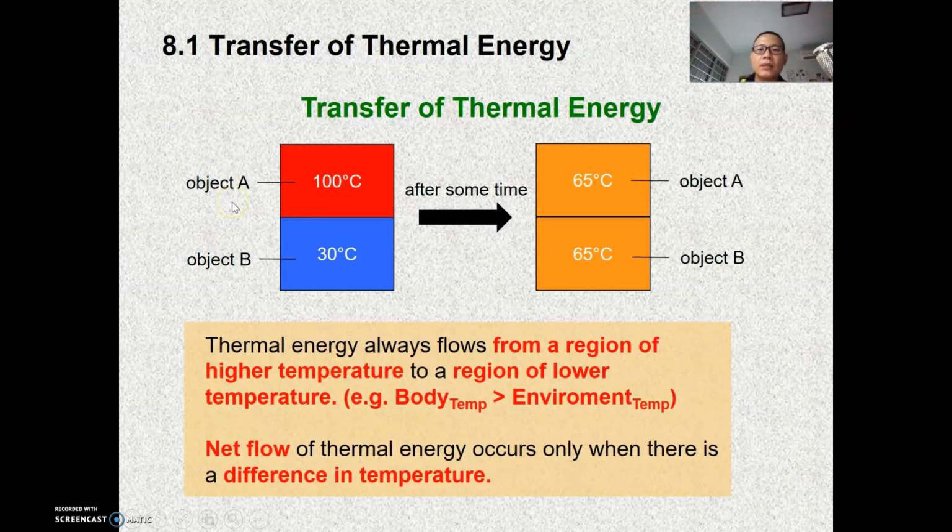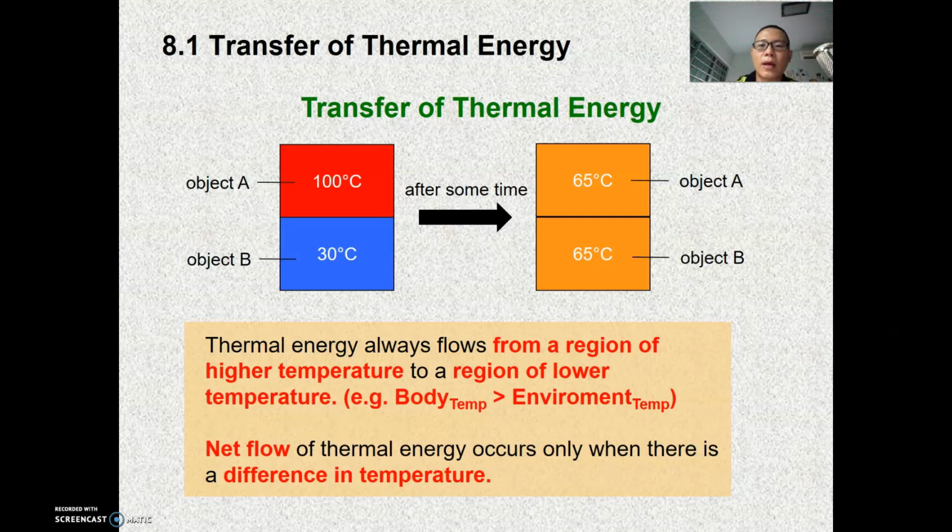It's quite common sense to know that the hot object will cool down, and when the cold object is in contact with the hot object, it will be heated up. It will be absorbing the thermal energy.